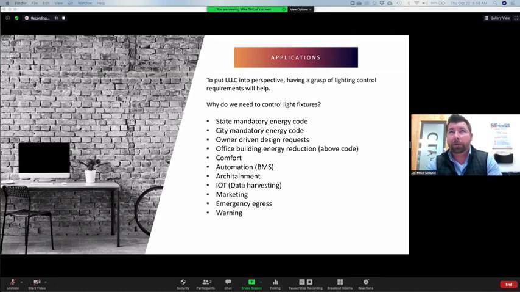Each one of these requires different control strategies. For example, Washington State Code does not require plug control, but Seattle Energy Code does. So depending on the location, different control strategies and designs are needed to fulfill code.